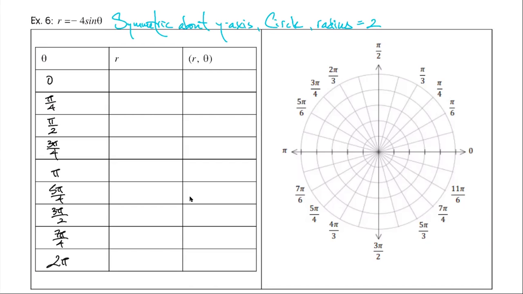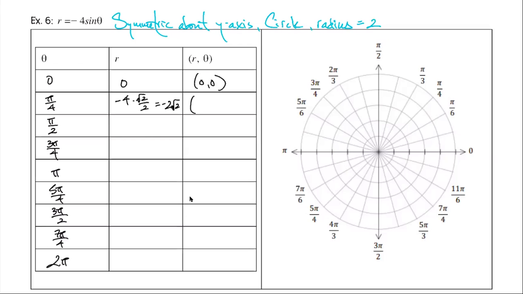And let's plot some points, okay? So if we're putting in our betas, let's see, sine of 0 is 0, so that's going to be 0. We've got 0, comma 0. Sine of pi over 4 is root 2 over 2, so negative 4 times root 2 over 2 gives us negative 2 root 2.